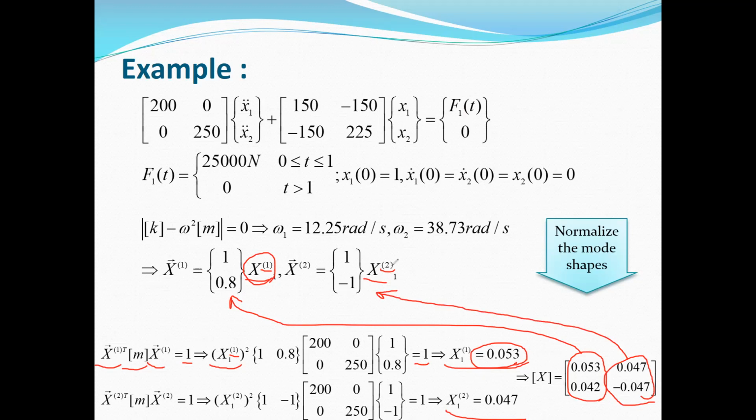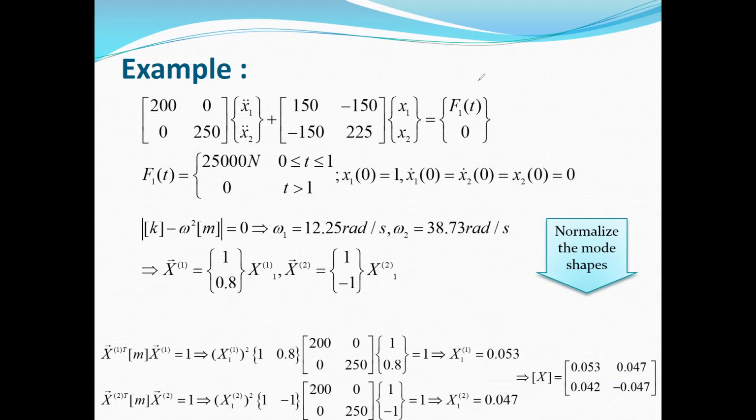Only instead of x with superscript 2, we substitute 0.047. As you can see, the first component is 0.047 and the second one is minus 0.047. So this is the modal matrix.